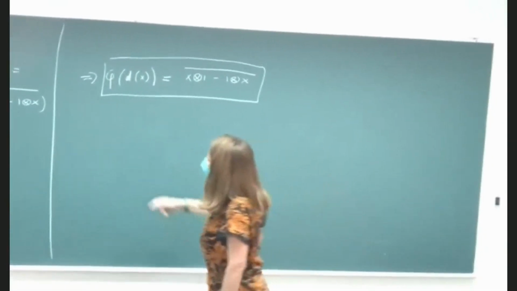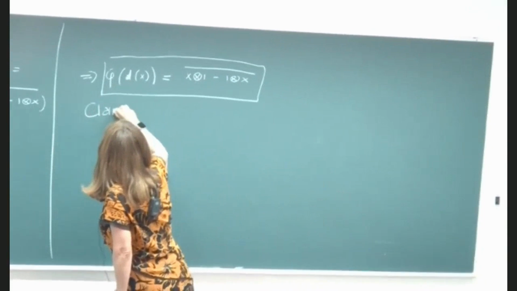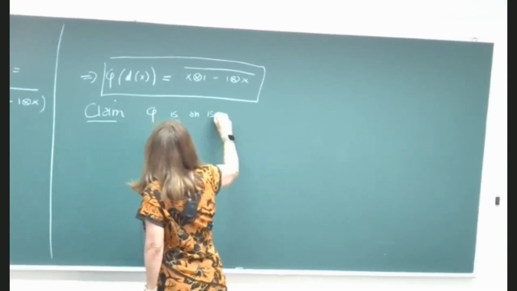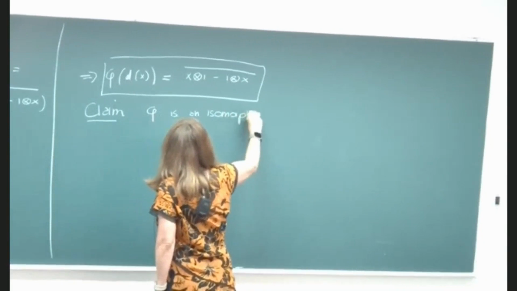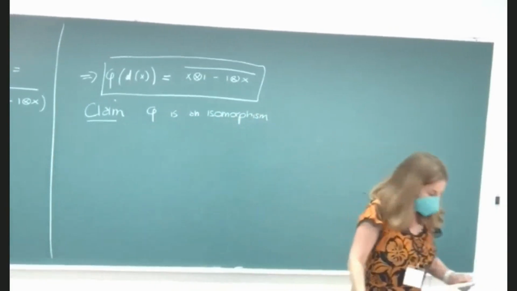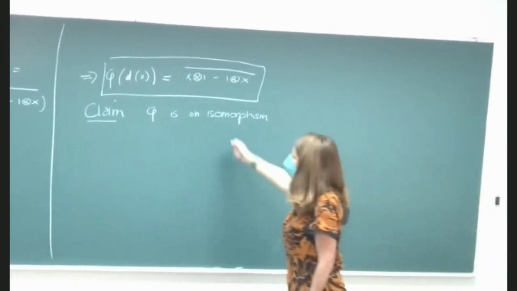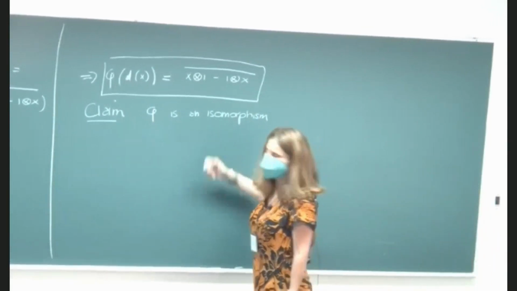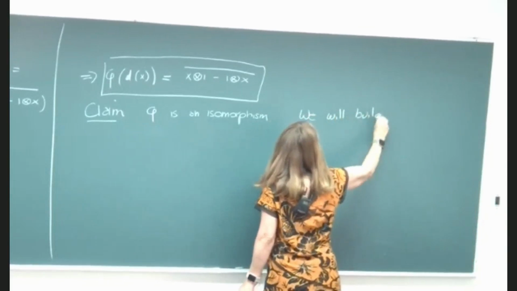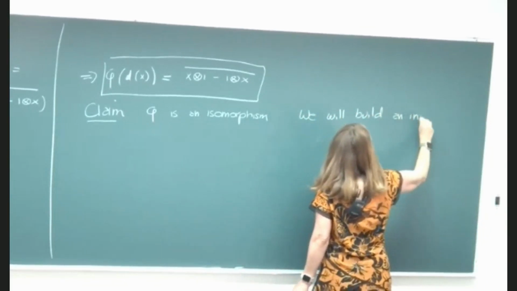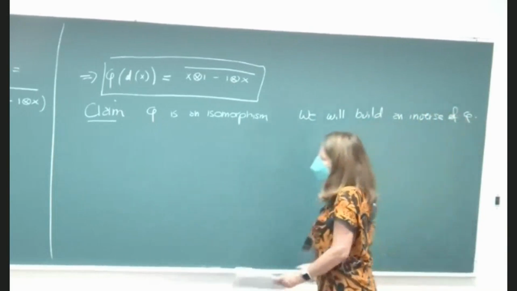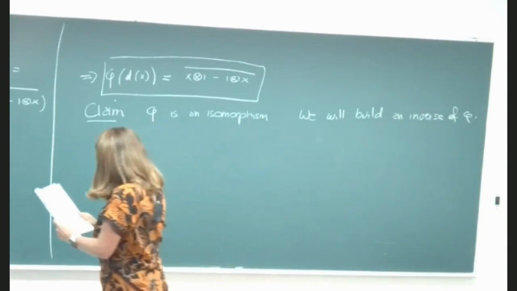And now the claim is that phi so defined is an isomorphism, and this will finish the claim. So we are going to build an inverse of phi. And that's what I'm going to do. Let's do this construction.